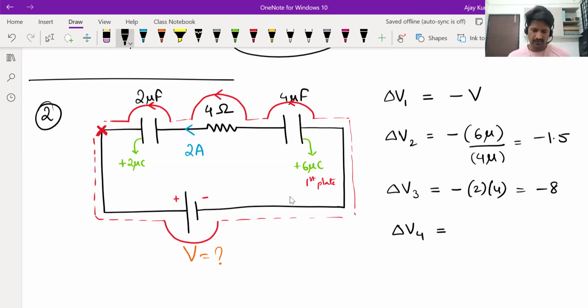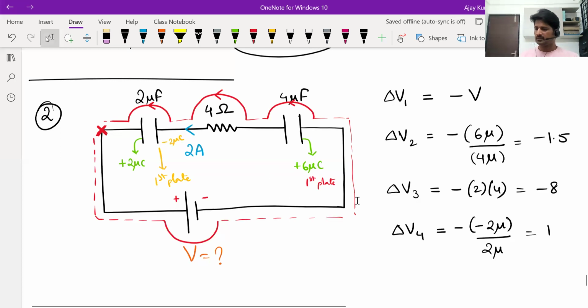Fine. Here, the first plate that we come across is this one, and it has a charge of minus 2 microcoulomb. If that side is plus 2, this side is minus 2. Then you will write negative of charge on first plate divided by the capacitance. So 2 by 2 becomes 1 volt. Fine. We have returned to the starting point.